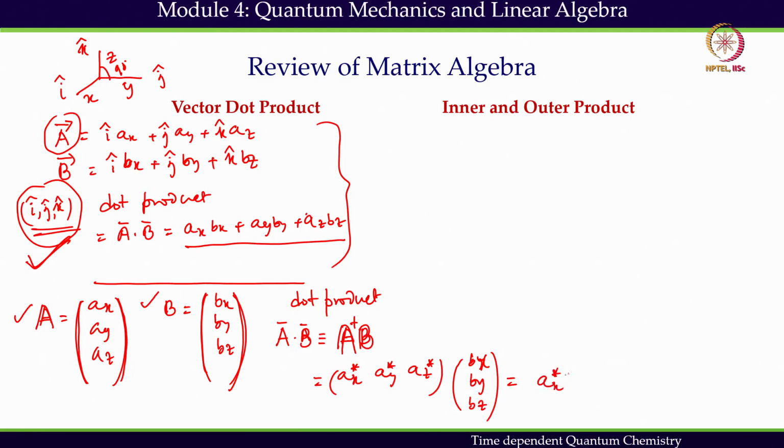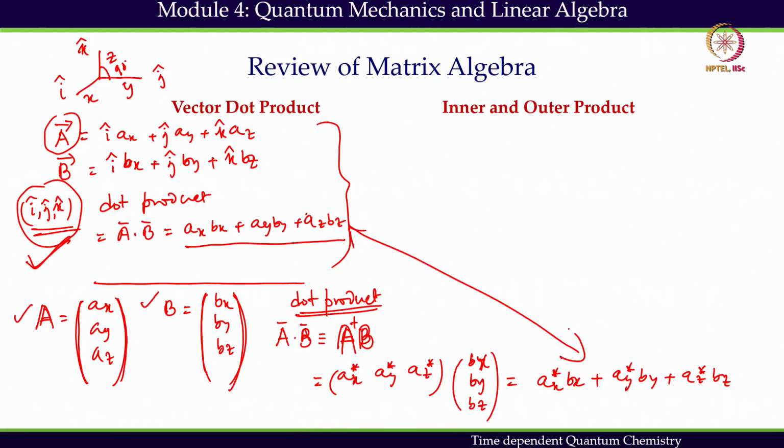Ax star Bx plus Ay star By plus Az star Bz, and that is the definition of the dot product of two matrices. What you get here is an equivalent expression.